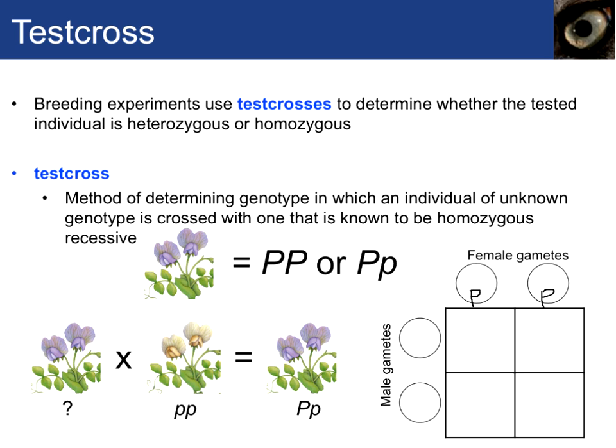If the unknown were homozygous dominant, let's see what we end up getting. Remember, if we cross each of these, we're going to get four heterozygous. So all four offspring are going to be purple. And therefore, if we get four purple plants, we know that the unknown was homozygous dominant.